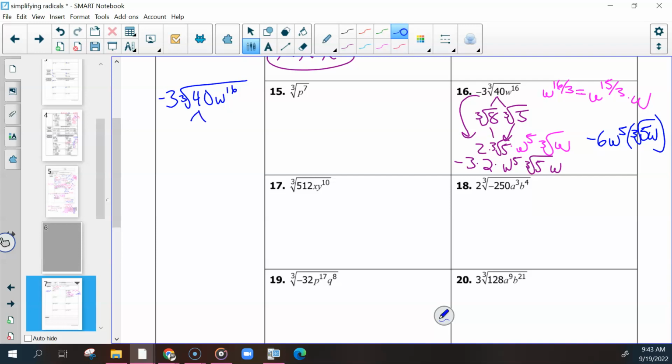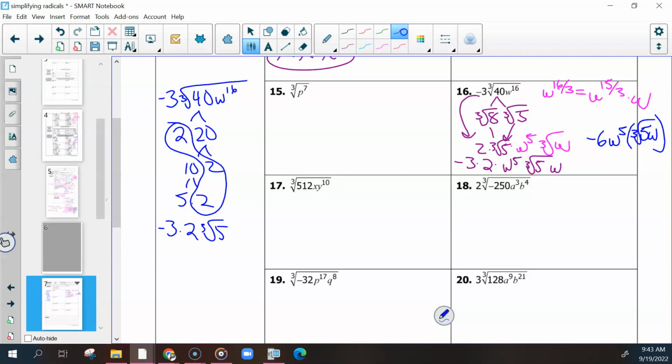Sure. So then for 20, give me 2 factors. 10 and 2. And then for 10, we have 5 and 2. Remember, we're looking for groups of 3. We do have a group of 2s that would come out. So far we have negative 3 times 2 with our cube root of 5.